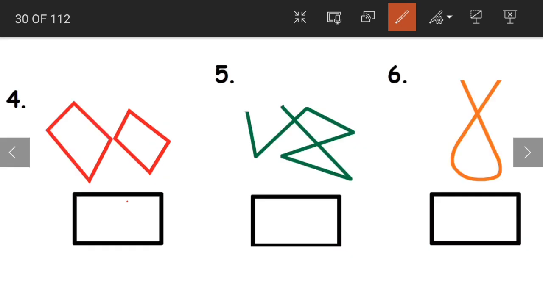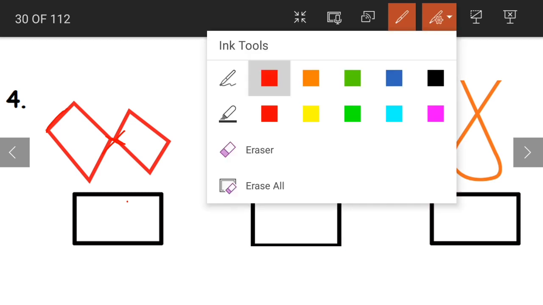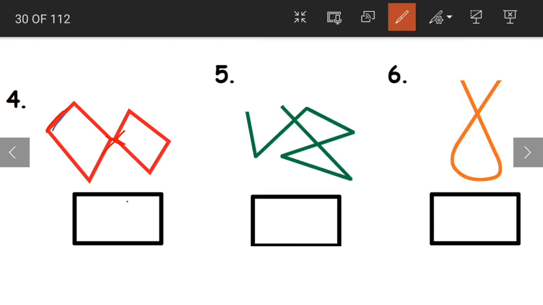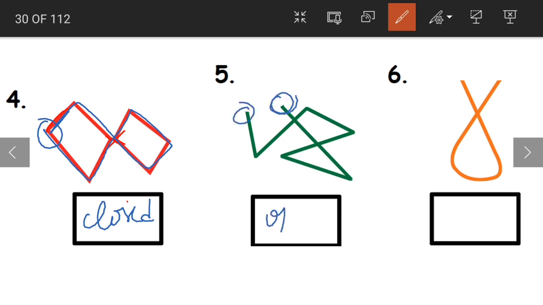Coming to 4, the ends are meeting here again. See, if I start drawing from here, again the ends are meeting. So this is a closed curve. Now coming to 5, the ends are not meeting. So it's an open curve. Coming to 6, again the ends are not meeting.